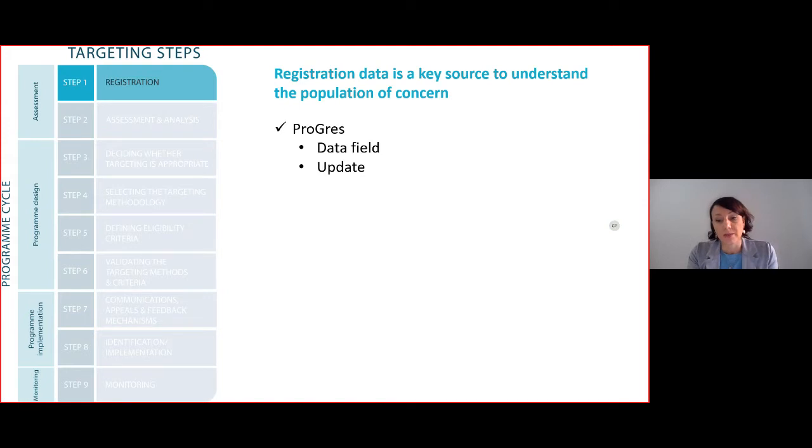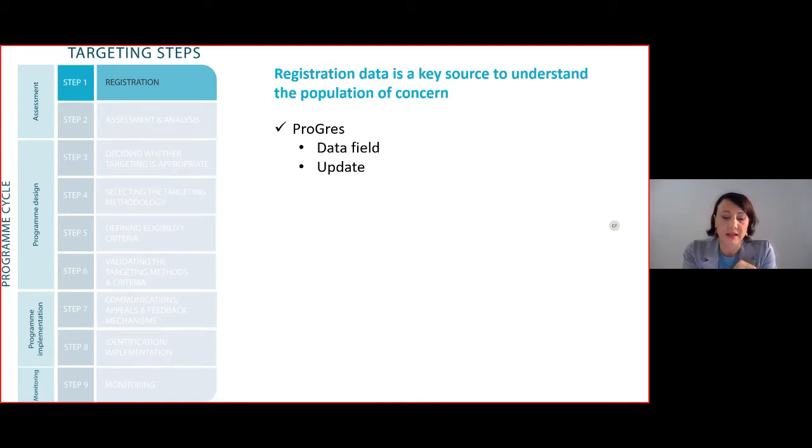When we talk about registration of refugees in collaboration with UNHCR, we often refer to proGres. proGres is the case management system of UNHCR that records and updates the persons of concern, and contains all the information about the beneficiaries of the operation of UNHCR.